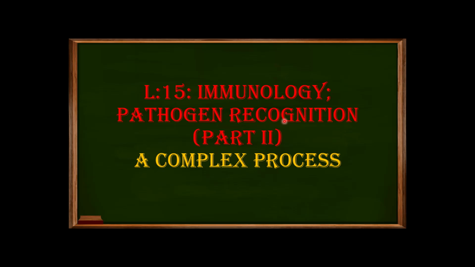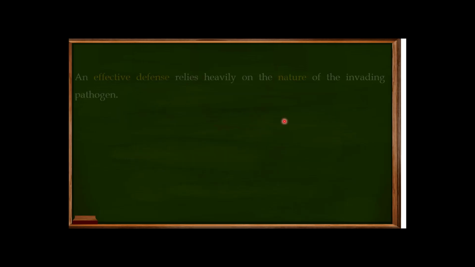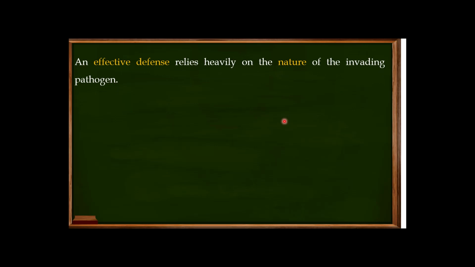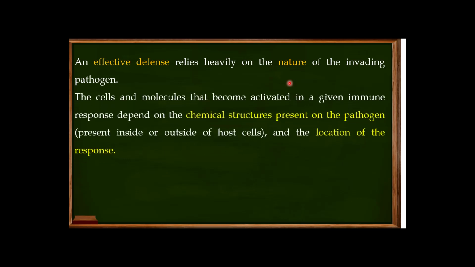In the first part on pathogen recognition, I told you that an effective immune response relies heavily on the nature of the invading pathogen and the cells and molecules of the immune system that are activated. That depends on the chemical structures present on the pathogen and the location of the immune response in the host.